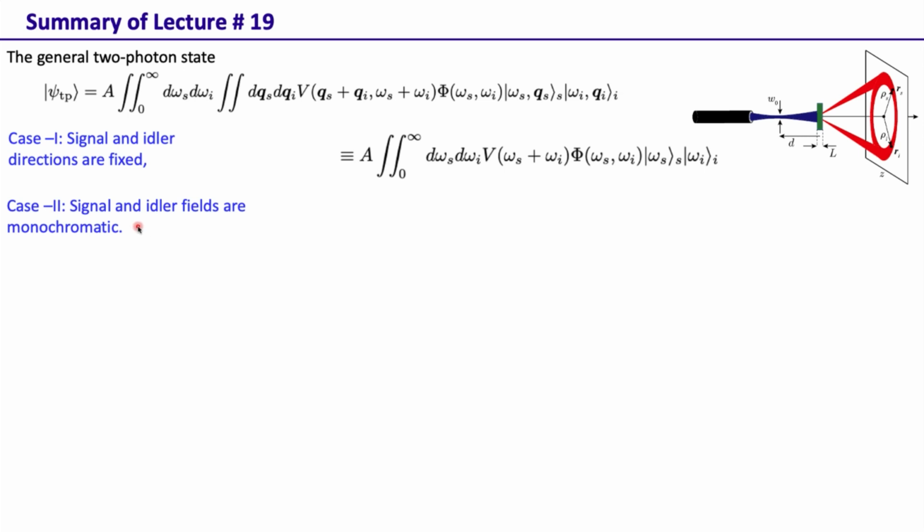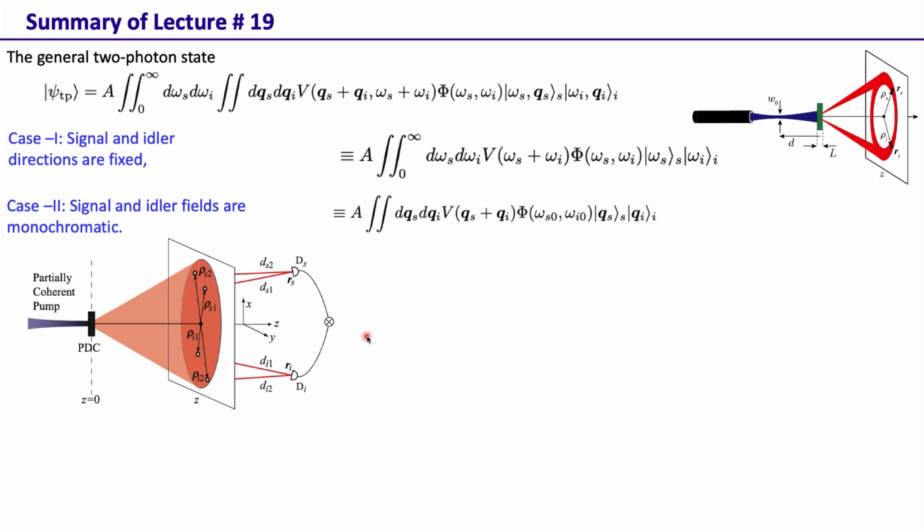We also looked at the other case where signal idler fields are monochromatic, and in that case the two-photon state is written as integrals over QS and QI, the transverse wave vectors of signal idler. This is the two-photon state relevant when we study the spatial two-photon interference effect, and the other is the one relevant when we study the temporal two-photon interference effect.